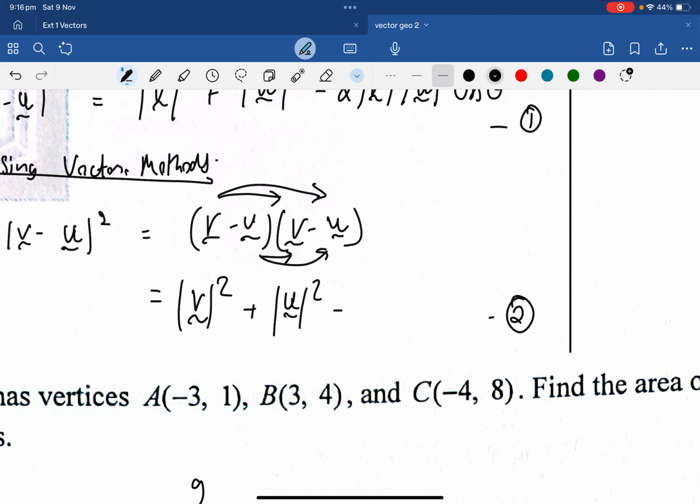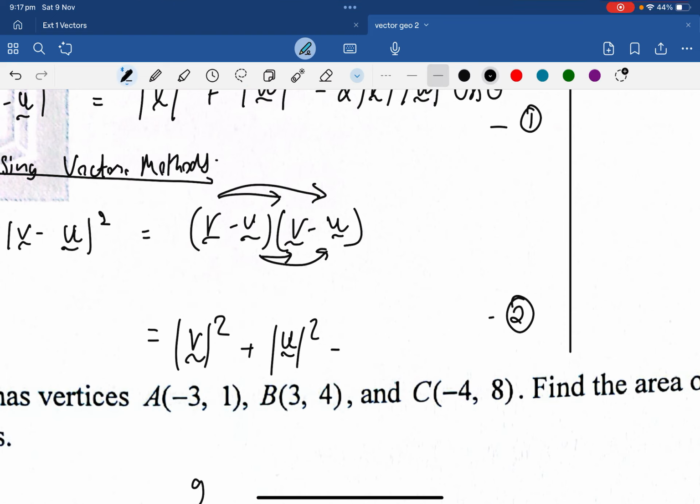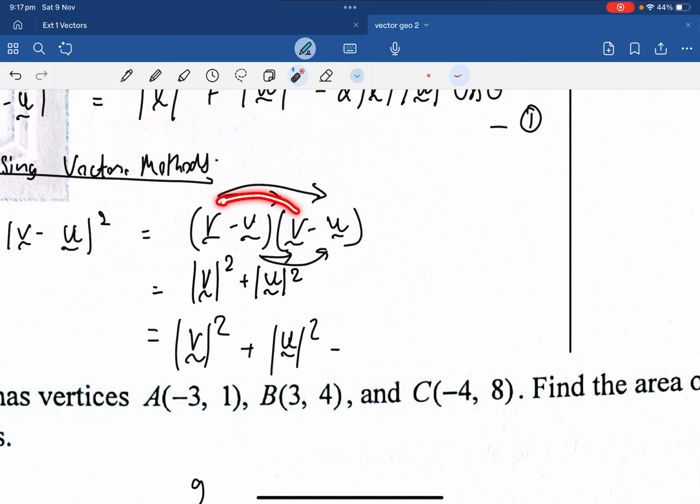Let's just expand it properly. Looks like I made an expanding mistake. This is v into v, which is magnitude of v squared, plus this is minus u into minus u, which becomes a plus, the negatives go away, and then magnitude of u squared. Now we have this part, which is v into u and u into v. We have to take that into consideration.